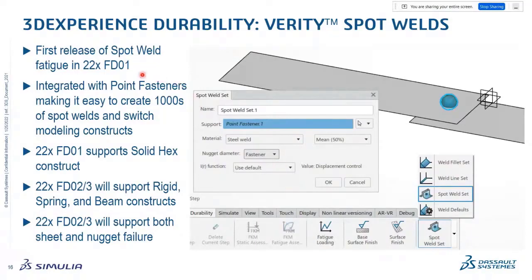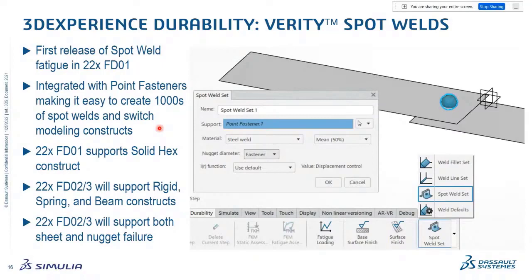The key is it's integrated with the point fasteners in the structural modeling app. This allows you to create thousands of spot welds very quickly. And the big advantage is it allows you to choose your modeling construct and switch between them pretty easily, and then it'll regenerate the mesh and the constraints, the distributing couplings or the kinematic couplings.